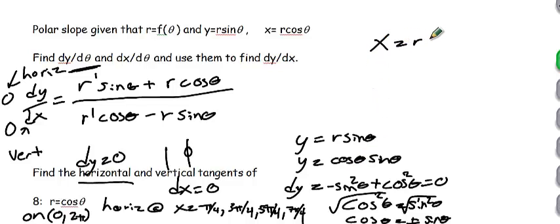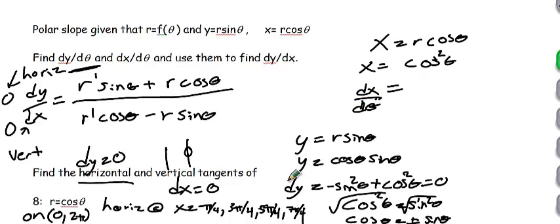So x equals r cosine theta. So x equals r, which is cosine theta, so cosine squared theta. So dx equals, and it's dx d theta, technically. Same thing over here, dy d theta, and that's true for both of these, to cosine theta sine theta.